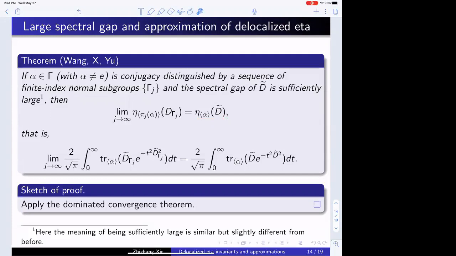Okay. Let me just point out that the condition of the spectral gap of D tilde being sufficiently large is slightly different from the condition we used before, in the sense of what constant is required. That constant is slightly different, but it's also a very explicit constant.